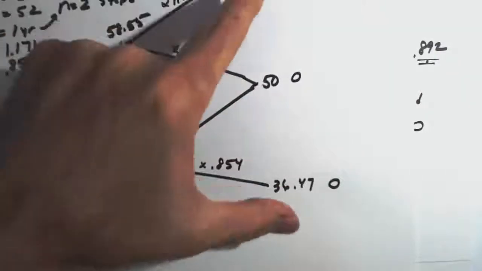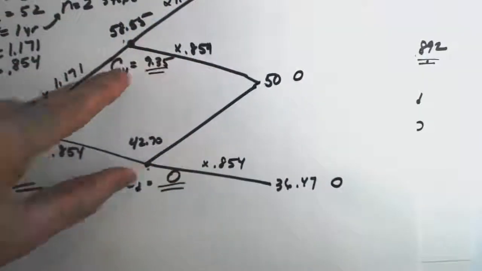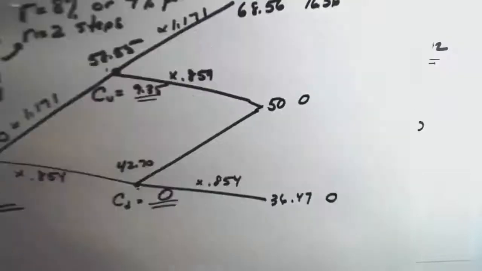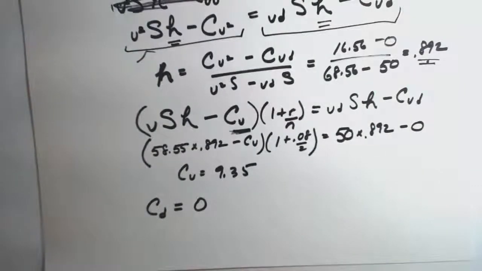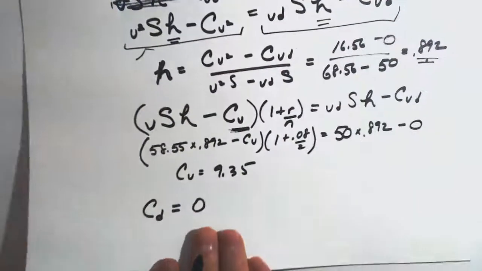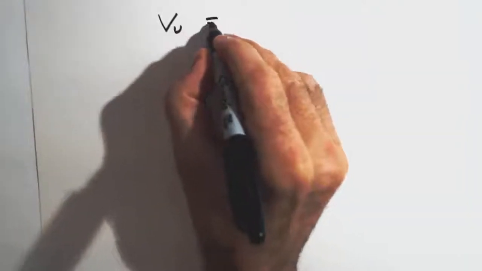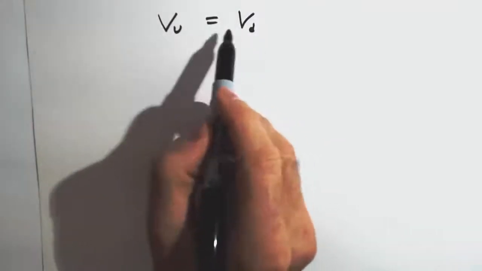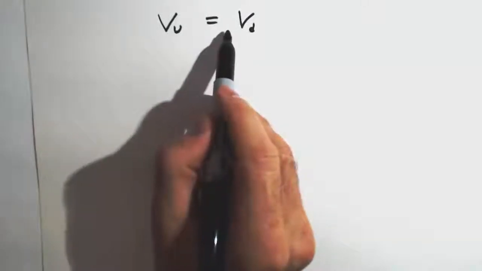Now we're going to repeat the same process I just did and bring these back to figure out the call at time 0. So I'm doing the same process. We're going to look at the value of a portfolio on the upside, which has to equal the value of the portfolio on the downside. After one step, the value of the covered call position should equal.